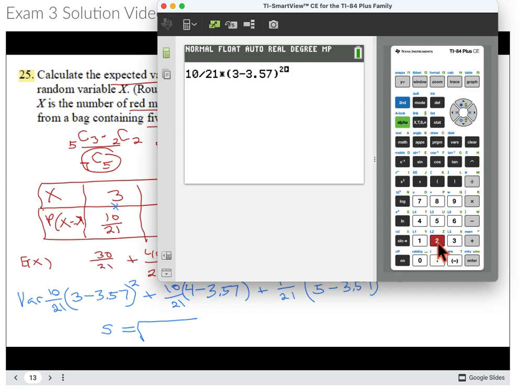squared. Again, if you'd like, you can fast forward to the end. We need to add that 10 divided by 21. Sometimes this is the part that you might need. That's the part I need to focus on, right? 4 minus 3.57.